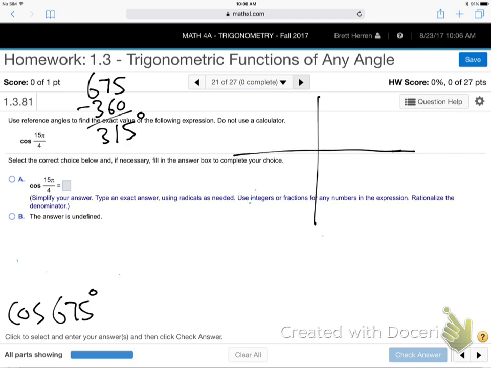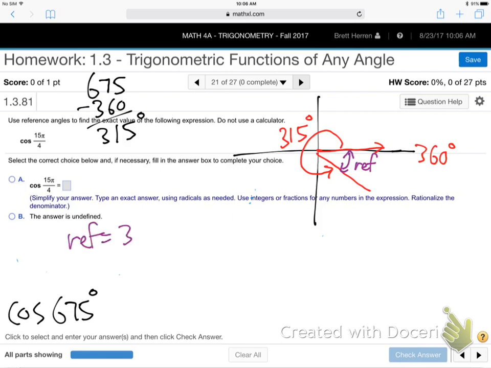So 315, starting from here, 315 is almost to 360, huh? Right? Now we got to find this reference angle in here. So what's the reference angle?